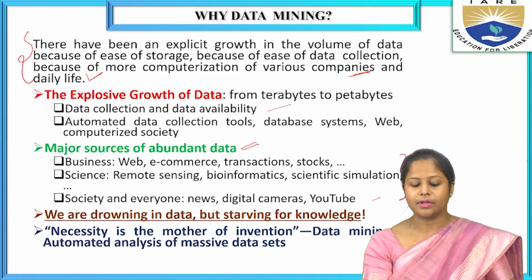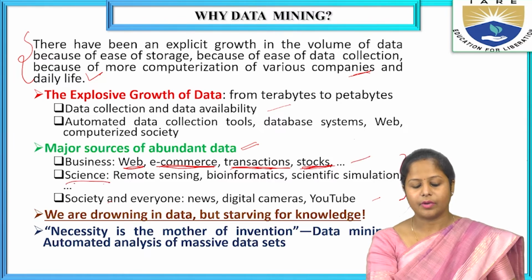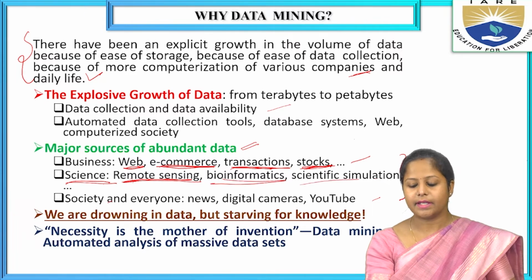So, what are the major sources of abundant data? These are some sources I have said: business, science, and society. From business, what data are we choosing? Web, e-commerce related data, transaction data from many points, stock market data, etc. From science, what are we taking? Remote sensing data, bioinformatics data, scientific simulation data.